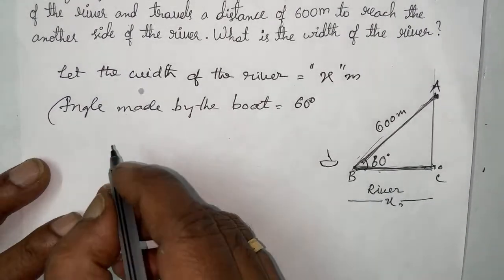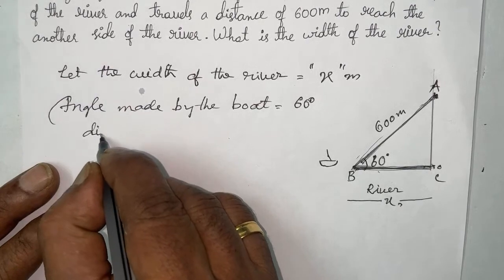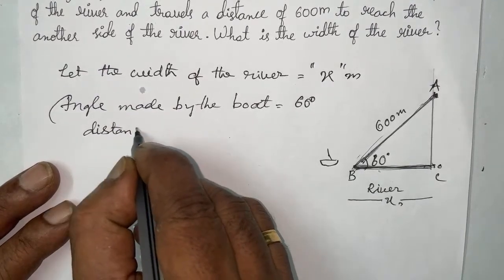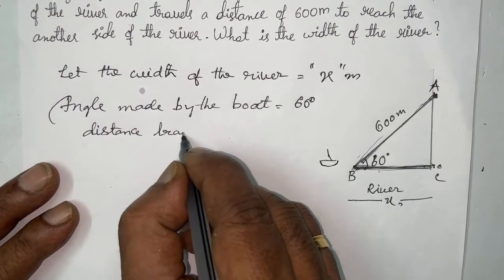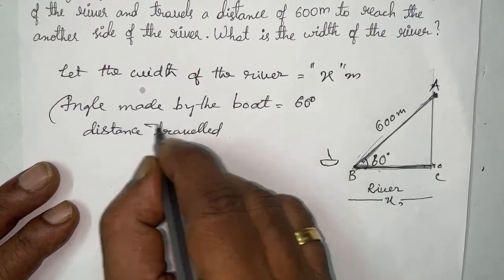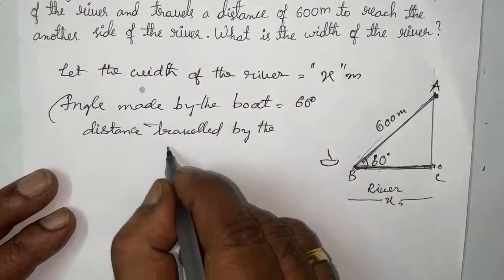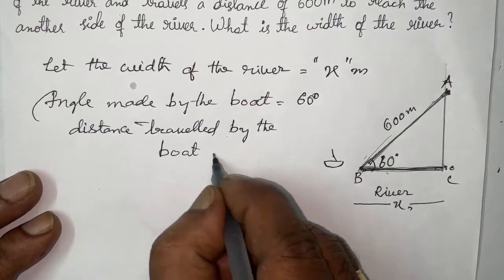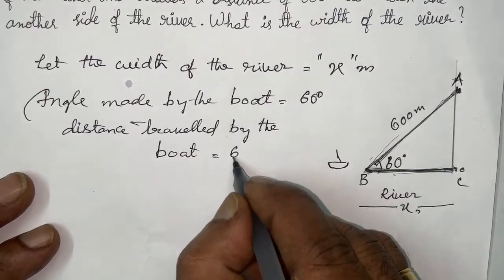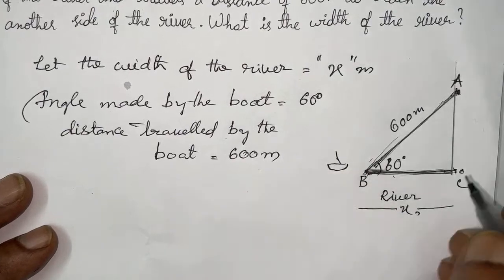Then the distance traveled by the boat is equal to 600 meters.